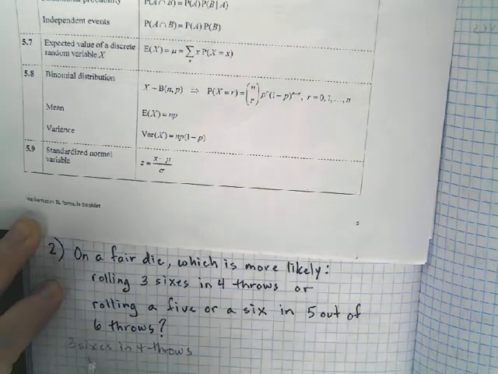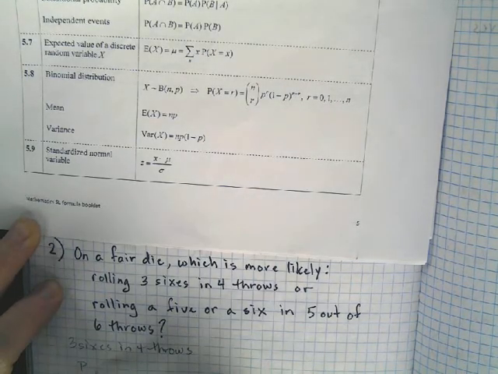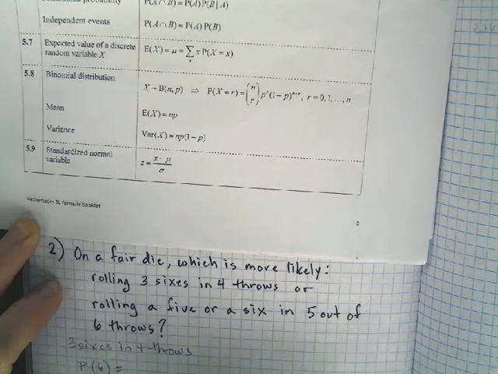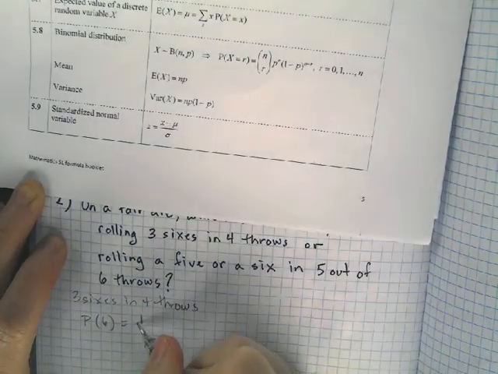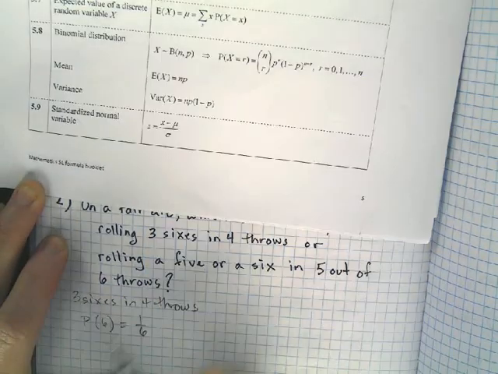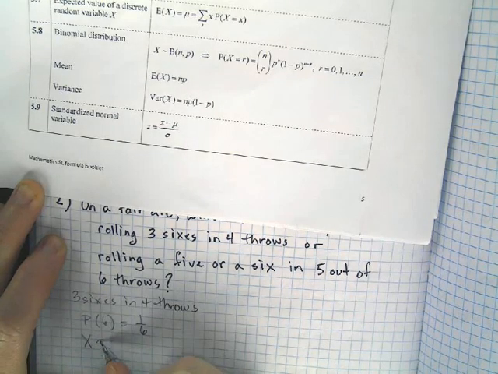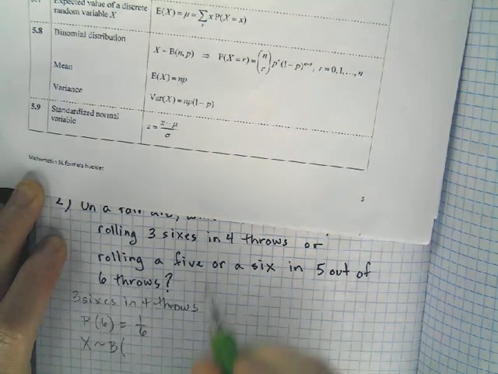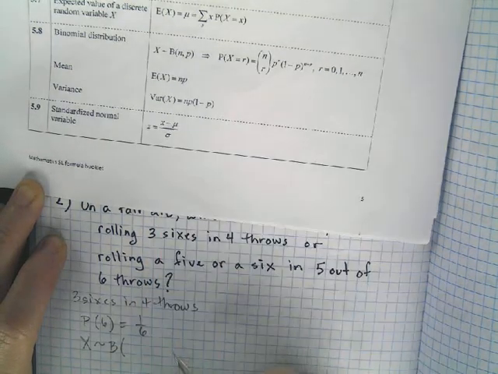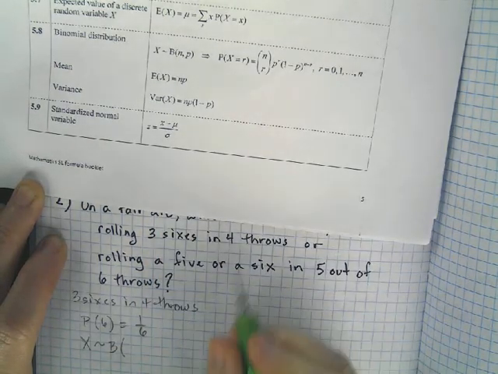All right, so the probability of rolling a 6 on a fair die is 1 out of 6. Okay, and so I'm going to say my event is a binomial distribution. N is the number of trials, so I'm going to throw it 4 times.